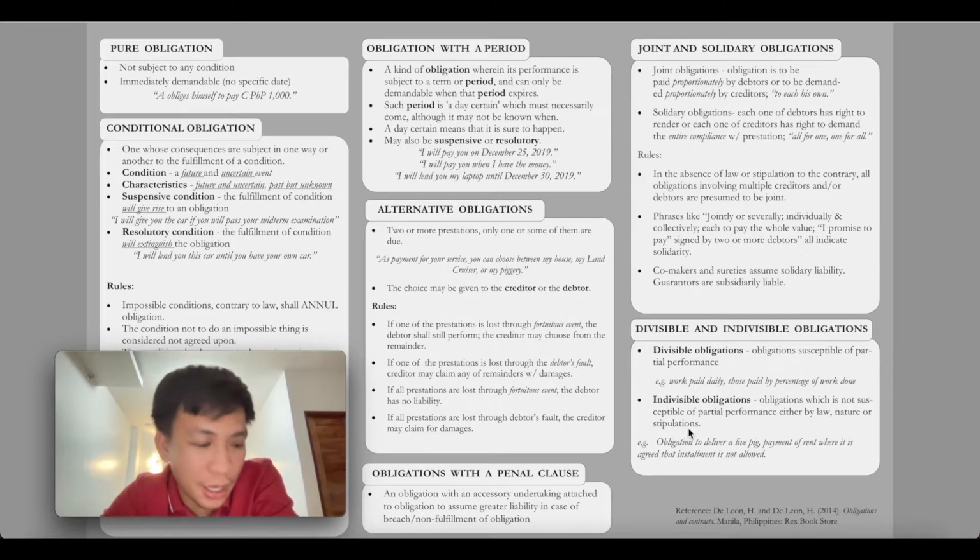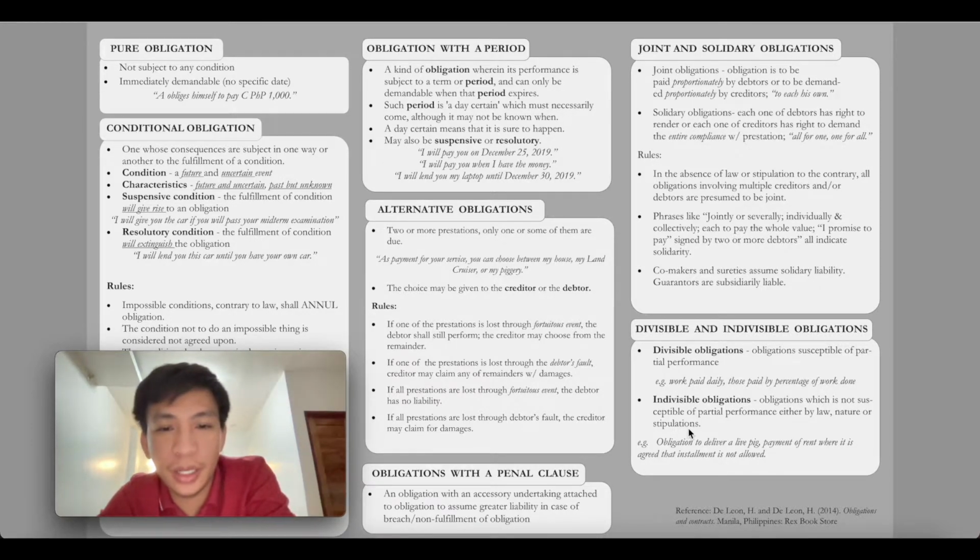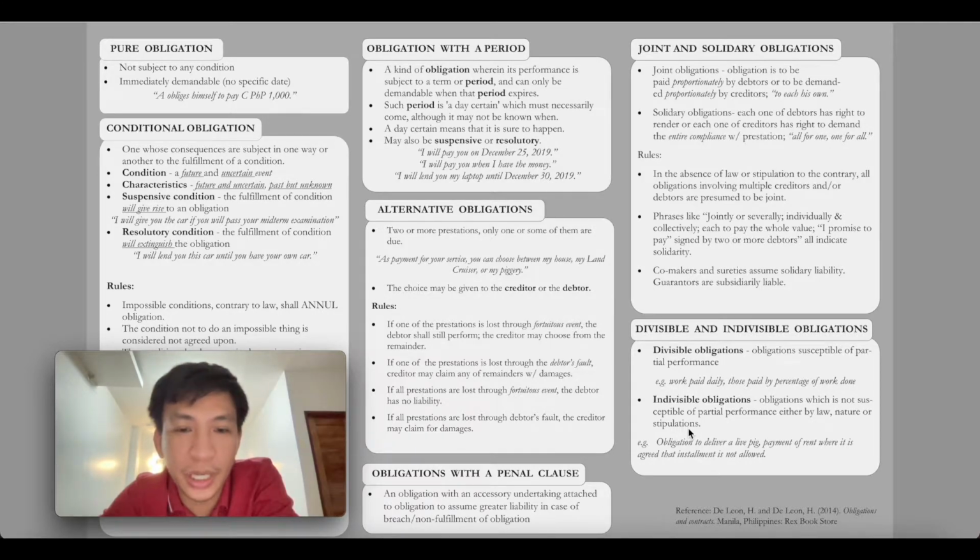Okay. Kumbaga, bilang kabayaran ng serbisyo mo, pwede kang pumili between my house, my Land Cruiser, or my piggery. Dahil or ang ginamit niya dyan, it is an alternative obligation. Kasi hindi pwedeng lahat. Okay? Isa lang or some are due. Now, yun yung essence ng alternative obligations.